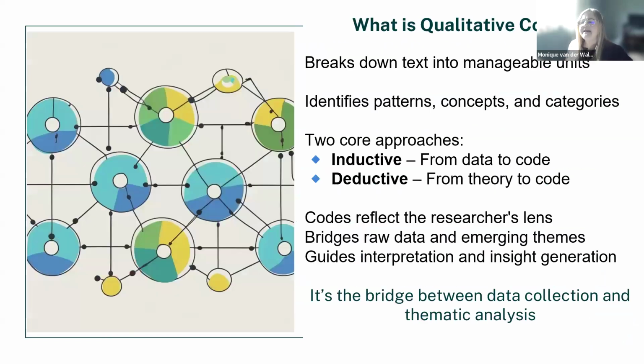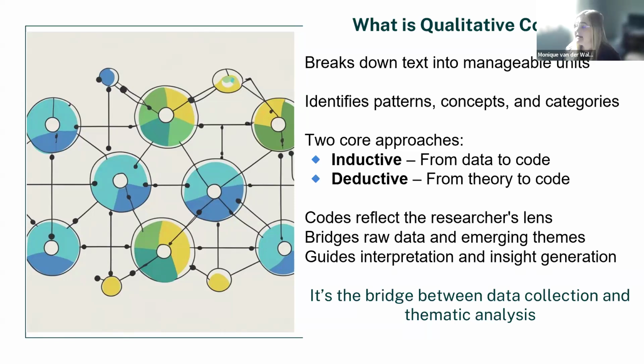So we need to consider that when we engage with coding, we break these segments up into more manageable units by identifying the patterns, looking at the main concepts, and thinking about how we can categorize them. We also need to consider two approaches of reasoning that we employ, known as inductive and deductive.